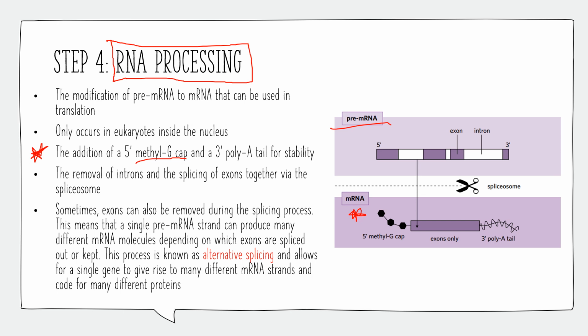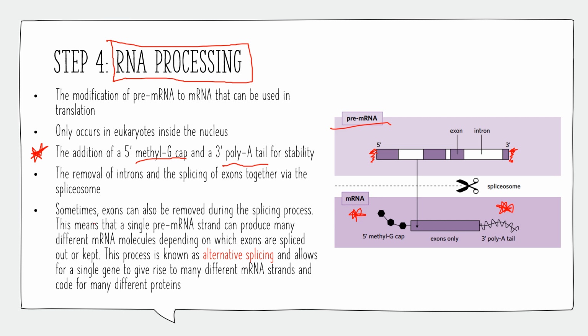And we put a poly A tail on the end, which, as the name suggests, is just a bunch of A's, a bunch of adenine bases tacked onto the end for stability. Because the pre-mRNA has nothing holding it together, we put this cap on and this tail on for stability, to fully enclose our mRNA molecule. So that's what happens in RNA processing.